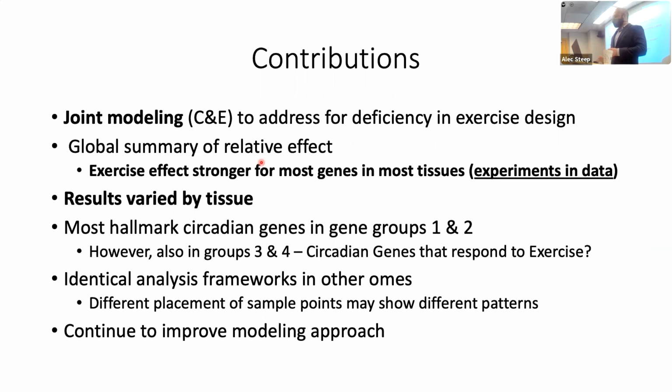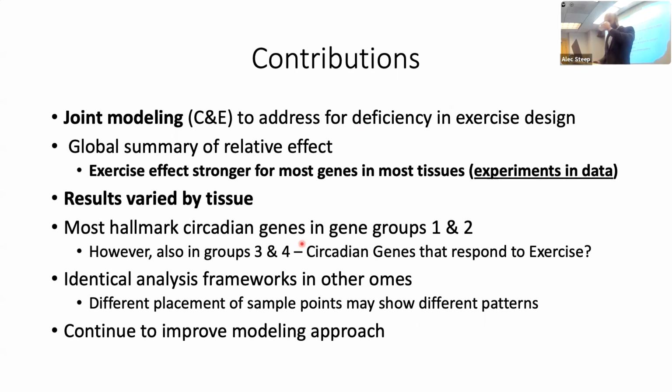The exercise effect was really stronger for most genes and most tissues from our experiments and the data, but this varied, of course, by tissue. Most of those hallmark circadian genes were found in groups 1 and 2. However, interestingly enough, a handful of them are found in 3 and 4 and actually model better to the acute exercise response. So are these circadian genes that respond to exercise?